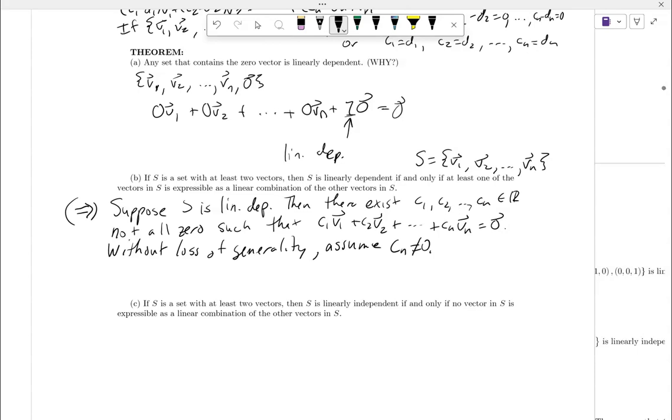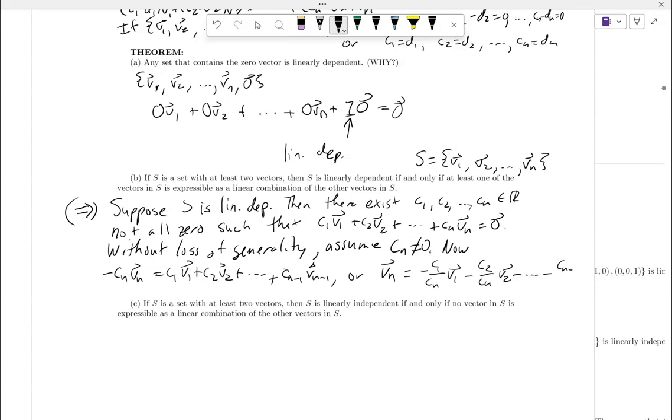All right, so now I can solve for Vn just like I solved for z here, right? You'll have negative Cn Vn equals C1 V1 plus C2 V2 plus, out to, Cn minus 1 Vn minus 1, or Vn is equal to negative C1 over Cn V1, minus C2 over Cn V2, all the way out to minus Cn minus 1 over Cn Vn minus 1.